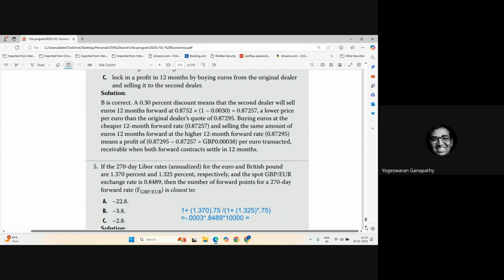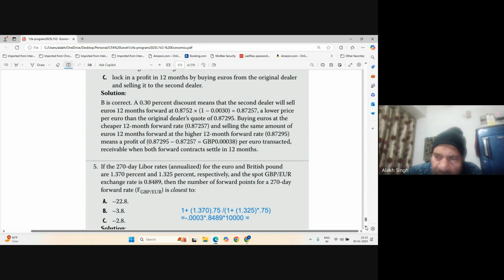Euro and British pound are 1.3 and 1.325, and the spot rate is GBP per euro. So 1 plus euro by 1 plus British. So that comes out to be 1.003, then minus 1, because 1 is common, the whole value minus 1.